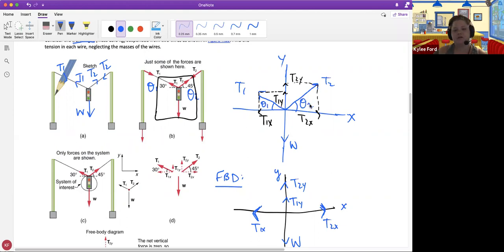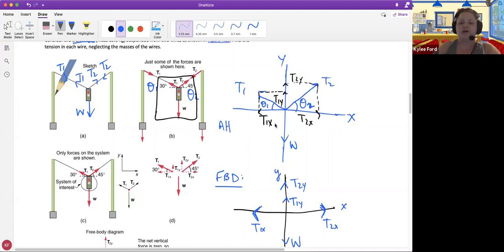Okay. We can now use our trigonometry knowledge to solve for those X and Y components. Okay, so let's look at this real quick. Let me look at T1. Okay, so if I want to know T1X, I am going to say, okay, I need to know the adjacent, right? The adjacent edge. And I know my hypotenuse, T1. I don't know it yet, but that's something I do want to know in the future, right?